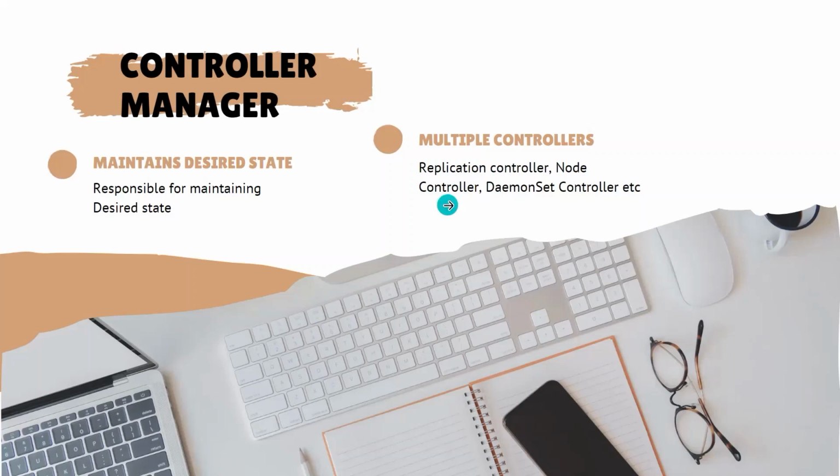And the node controller, which makes sure that desired number of nodes are running. In similar way, we have daemon set controller, cron job controller, etc. And this controller manager will take care of all these controllers. And these controllers will try to keep the Kubernetes cluster in the desired state.